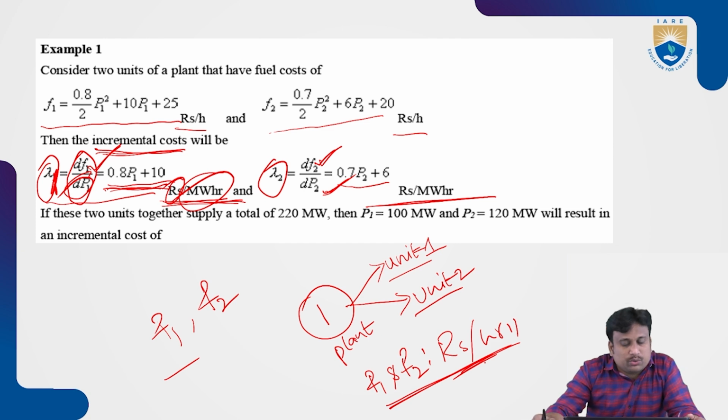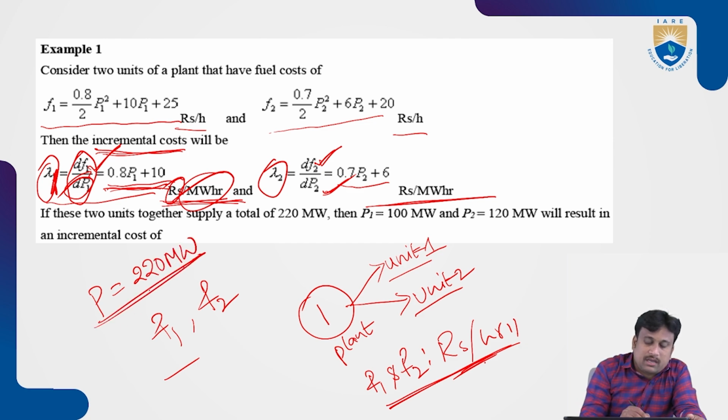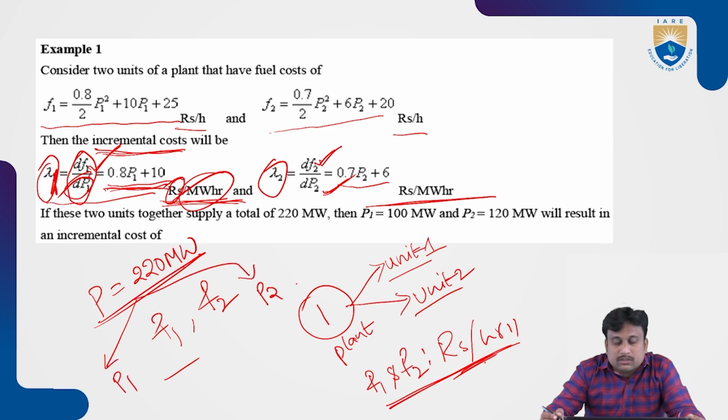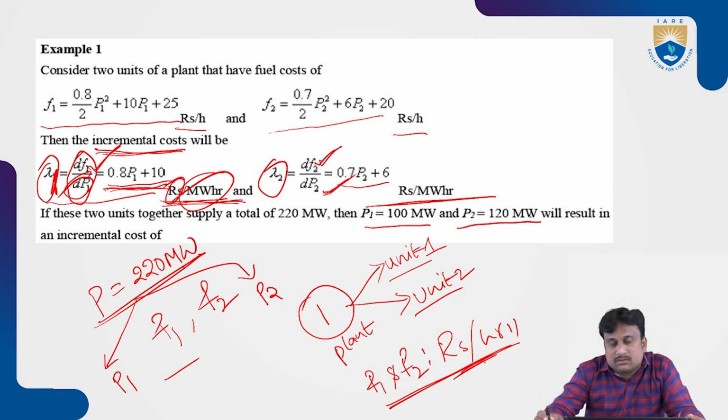So if these two units together supply a total of 220 megawatts, here the total power is given as 220 megawatts. Individually it is divided as P1 and P2. So P1 is 100 megawatts and P2 is 120 megawatts.